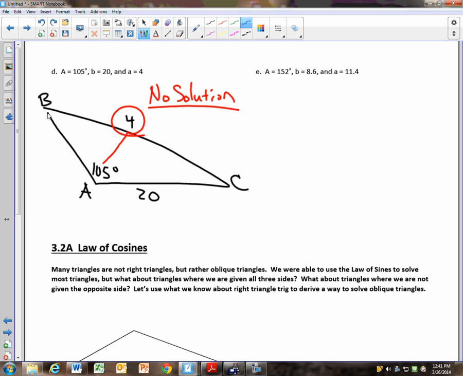Now my guess is that at least 50% of the people would say sine of 105 over 4 is equal to sine of B over 20. But just realize that's not the case. All right, we try another one.